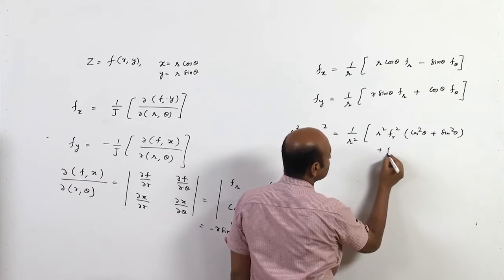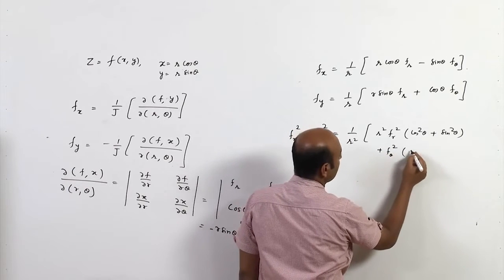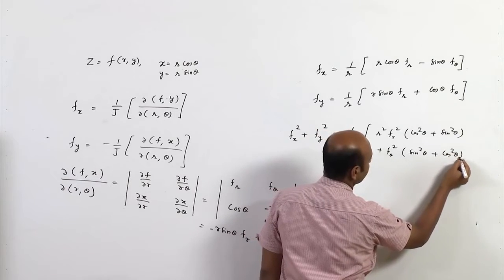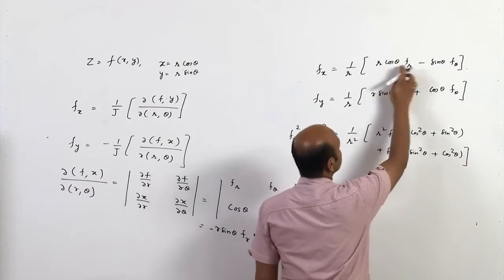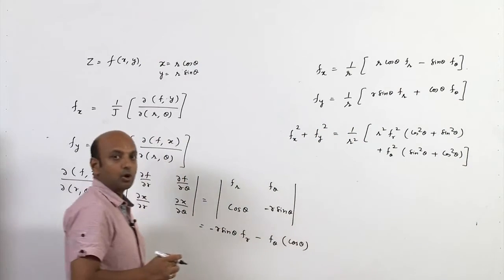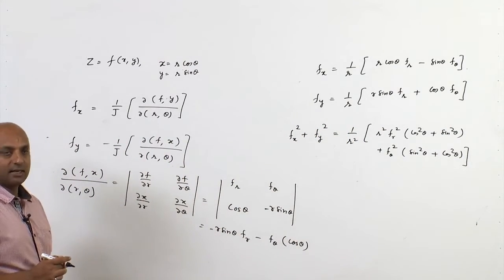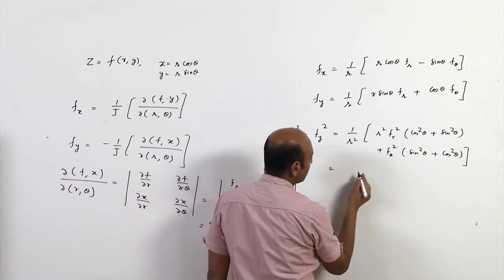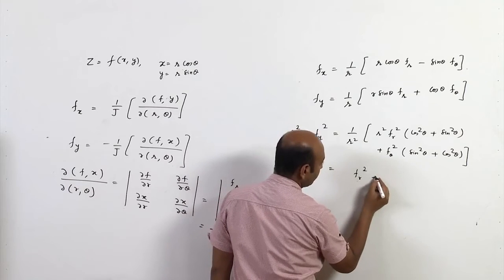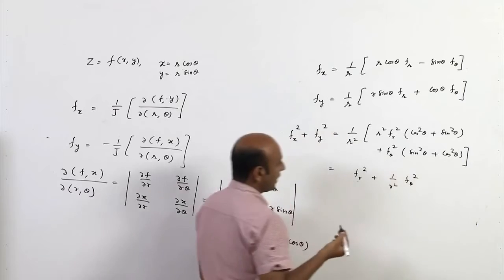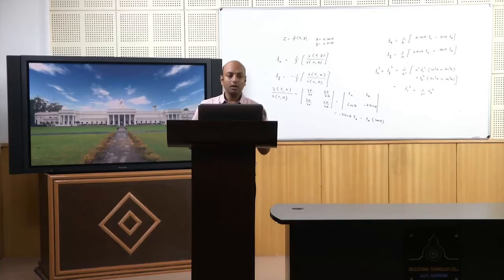From this side it is f theta square, and it is sin square theta plus cos square theta, and 2 times this into this and 2 times this into this will cancel out, because they are having opposite sign. So, what we are getting from here, r square cancel out, it is Fr square plus 1 by r square times f theta square. So, hence we have proved this problem.